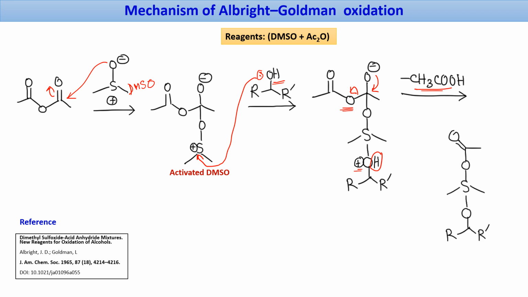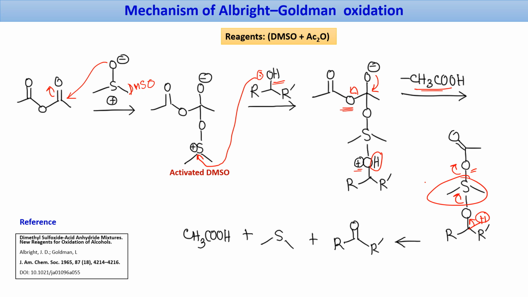Finally you will be left with this type of molecule. Now this hydrogen which is present here, the C-H bond is broken and a C=O double bond is formed. Now the sulfur-oxygen bond is broken, there is negative charge over this oxygen which can take this H, and again there is acetic acid removal. And the fate of DMSO is dimethyl sulfide, Me2S. This is our final product.